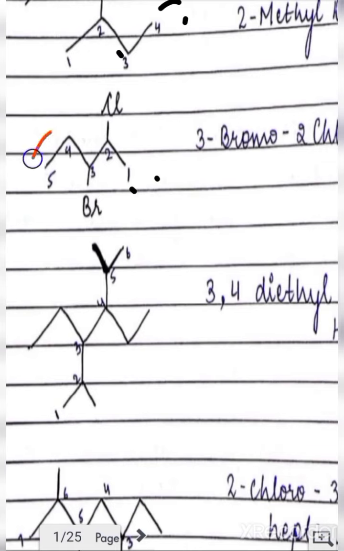In the next example, the parent carbon chain is this. If we number the compound from the left hand side, we get the substituents at positions 3 and 4. While if we number it from the right hand side, the positions of the substituents will be 2 and 3. So numbering from the right hand side is correct.